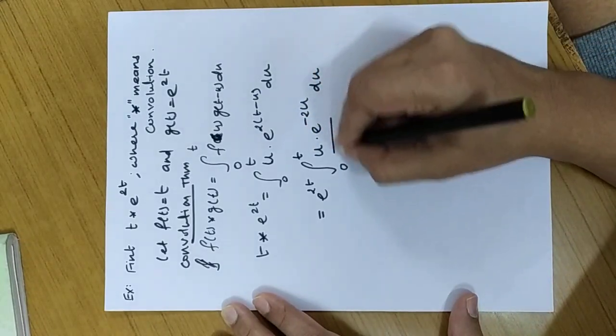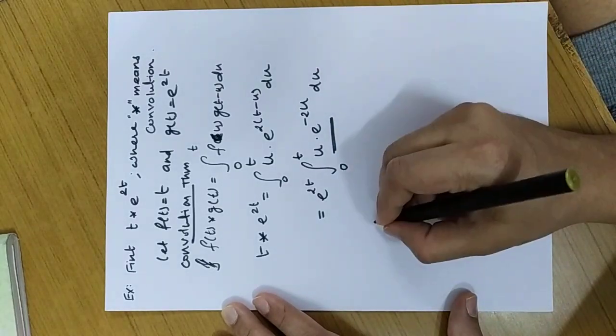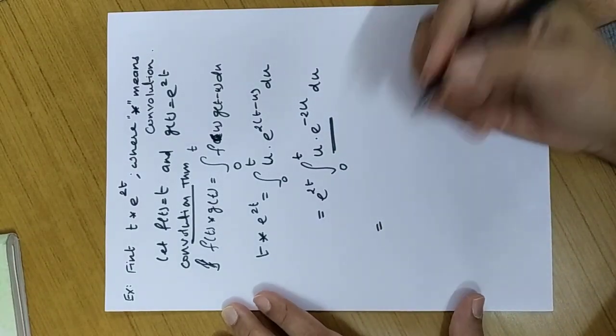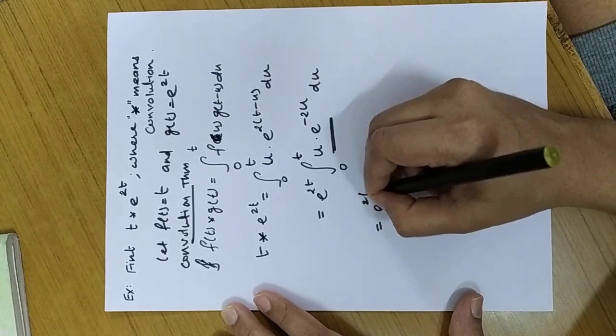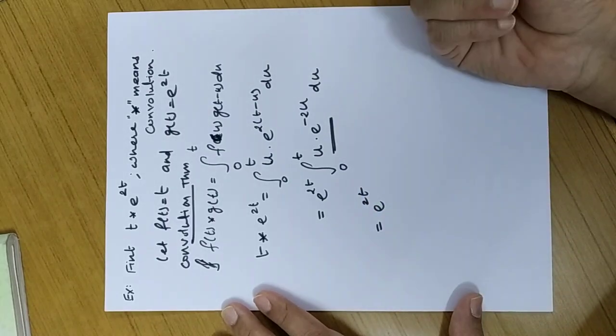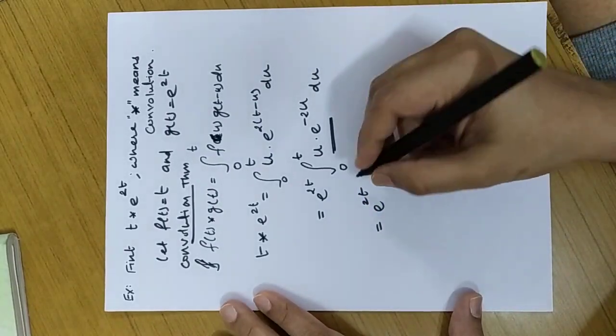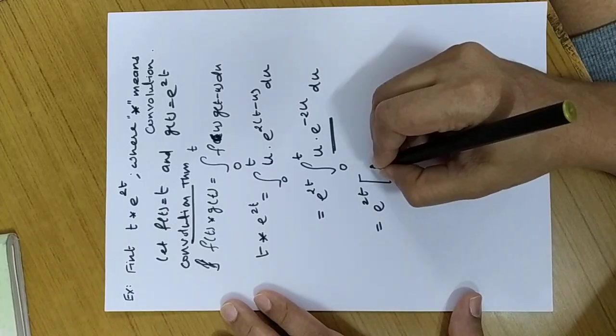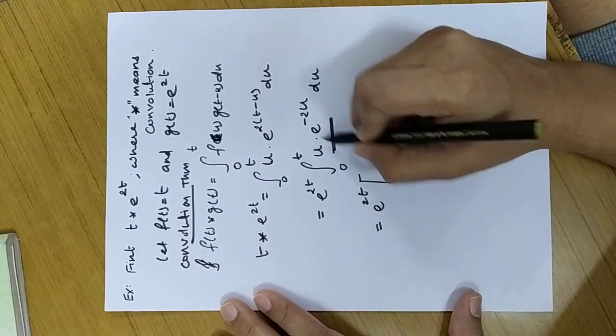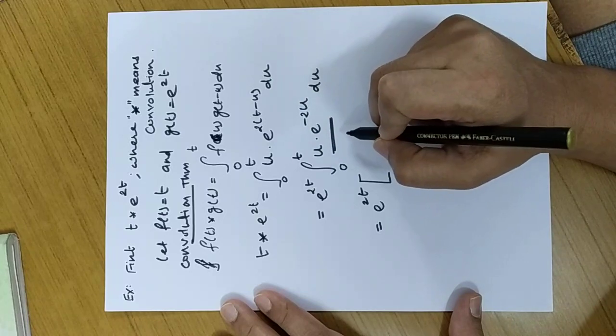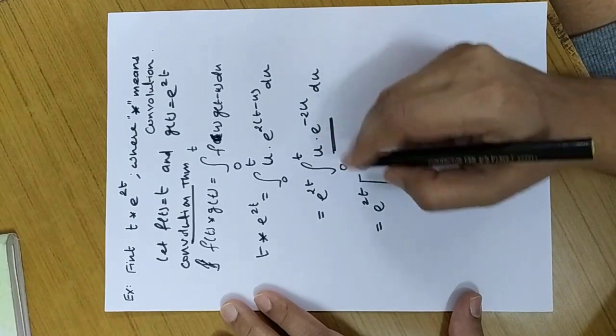How to integrate this? By integration by parts, or you can use the Bernoulli formula. It is easy as compared to integration by parts because it is the general form of integration by parts. So consider this function as u and this as v, because this is a polynomial.